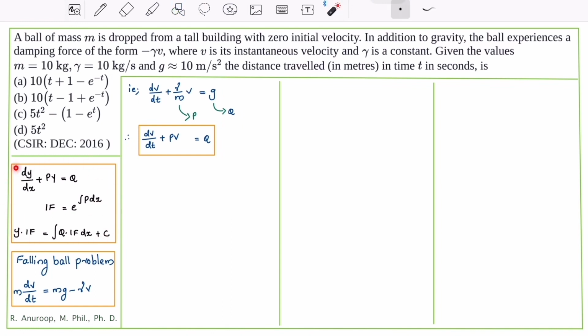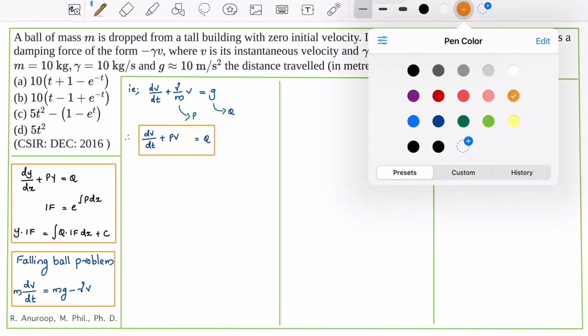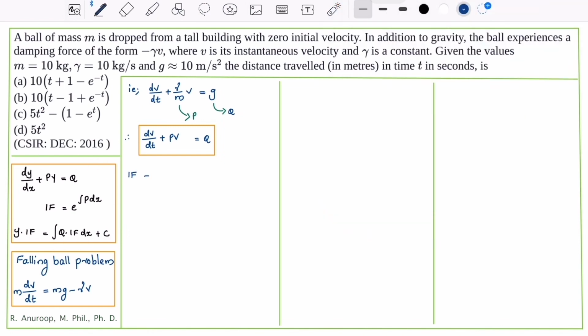Then the integrating factor is e raised to integral p dx. Here the integrating factor will be e raised to integral p dt, that is e raised to integral gamma by m dt, that is e raised to gamma by m into t. Once we have the integrating factor, we can find the solution.